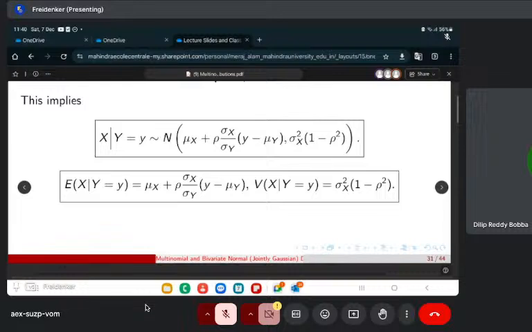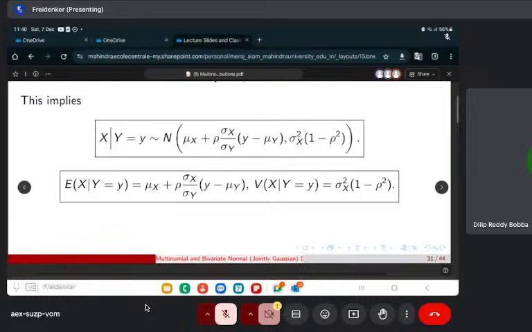So given this piece of information, what is the probability distribution of capital X? X given y equal to y is one new random variable. If you solve the equations, we find that this follows a normal distribution with this mean and that variance. It's in front of your eyes.